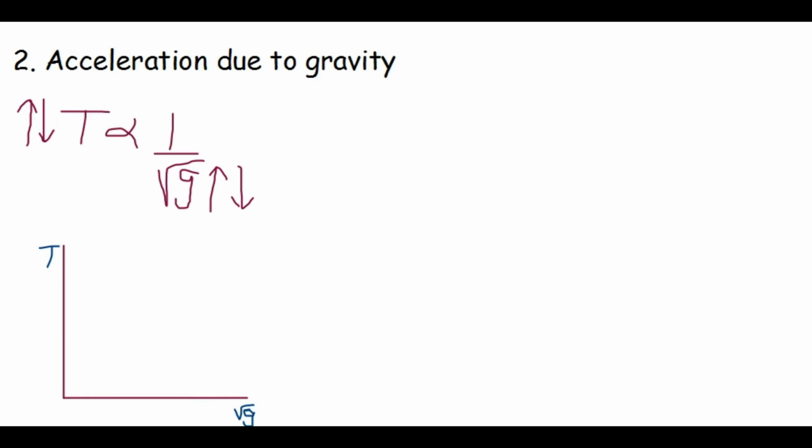So the graph is going to look something like this. This is the relationship between T and g. It can also be written as something like this. But still, the y-axis is T and the x-axis is g.